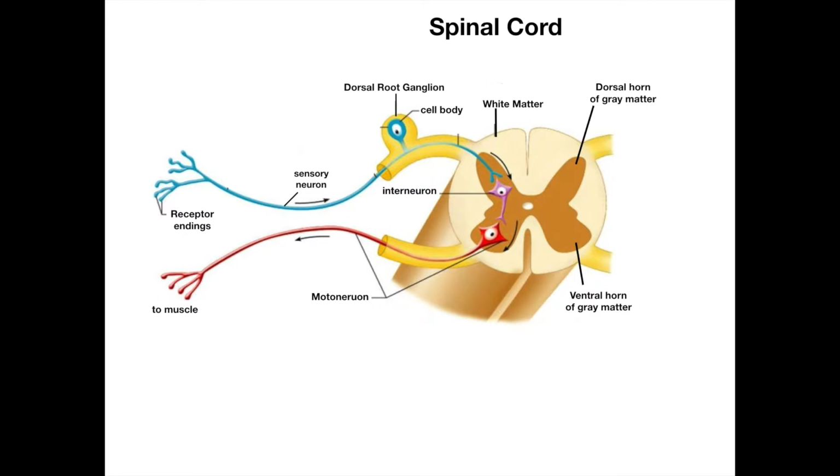The butterfly-like area is surrounded by white matter, so called because the fiber tracts coming from higher brain regions and the sensory fiber tracts going up to the brain are located here. The fiber tracts are often heavily myelinated and thus present a white appearance.